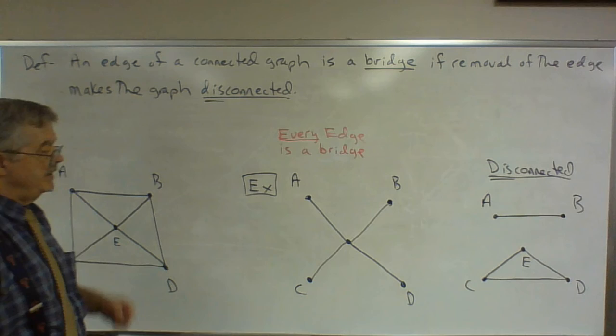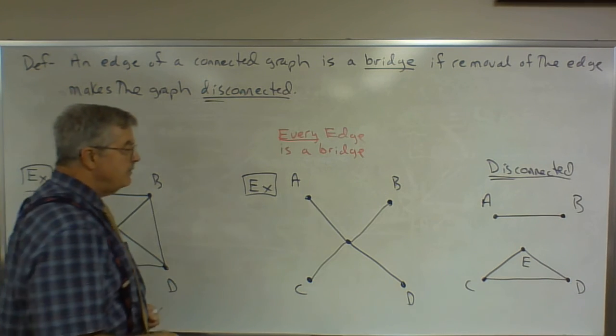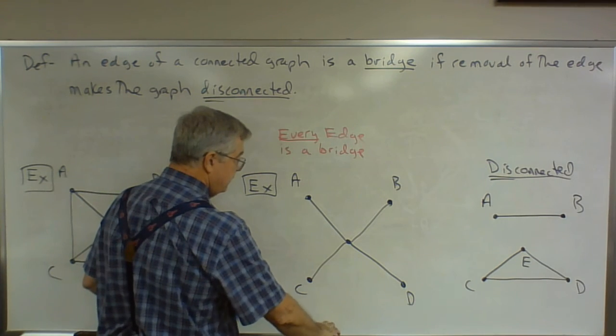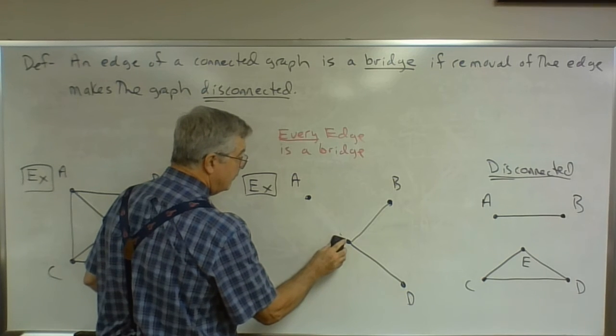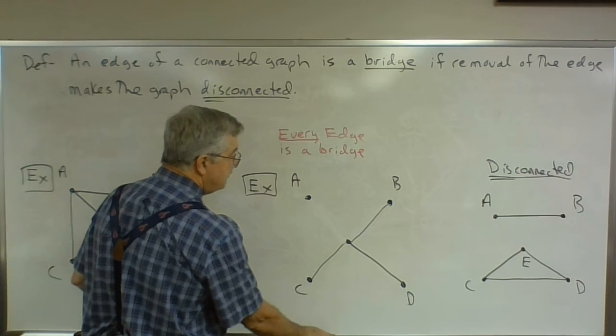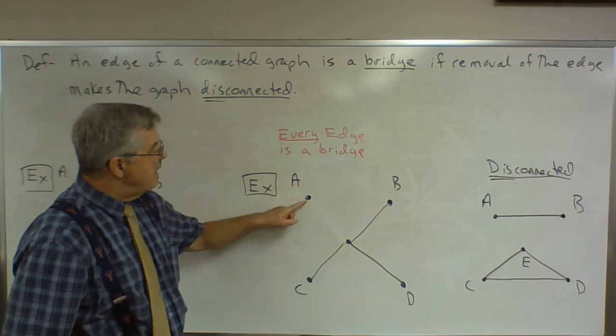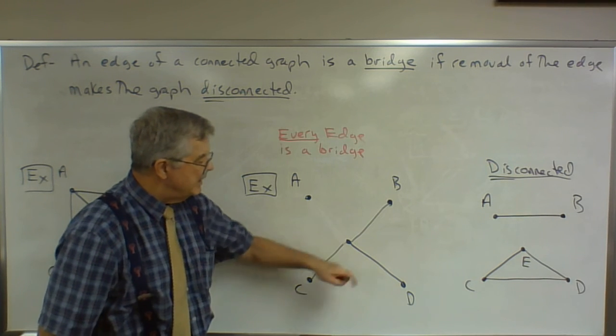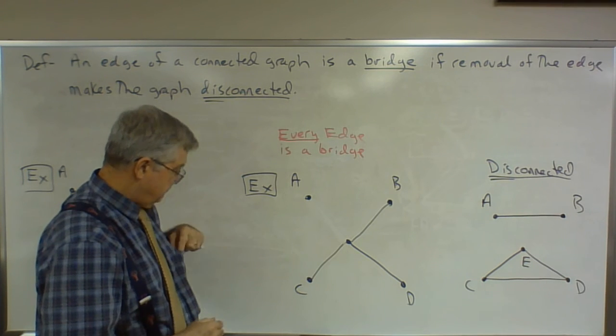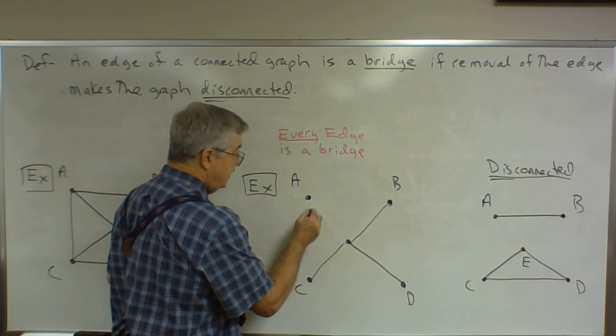Every edge is a bridge. Why? Let's say I remove this. If I remove that edge, there's no path from A to any other vertex in the graph. So this edge is a bridge.